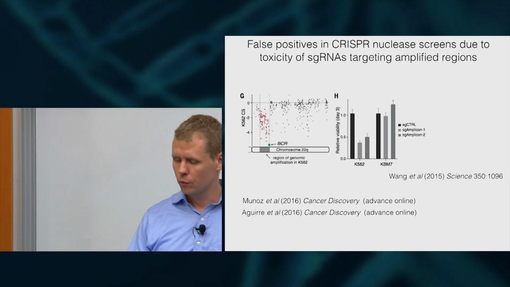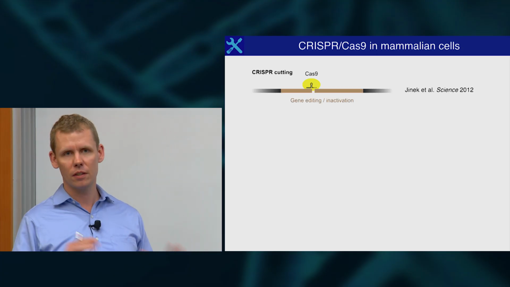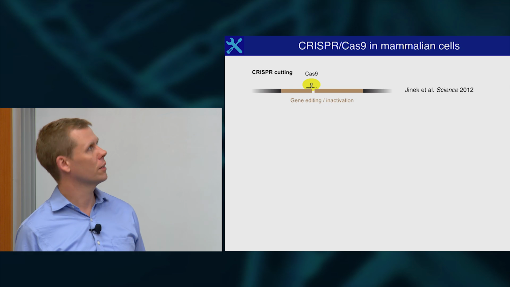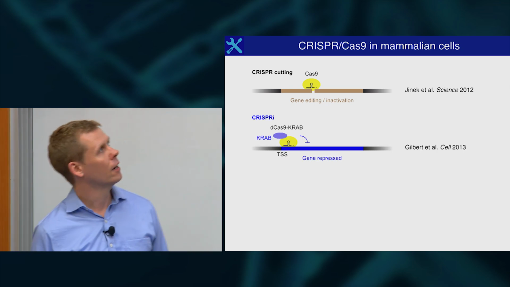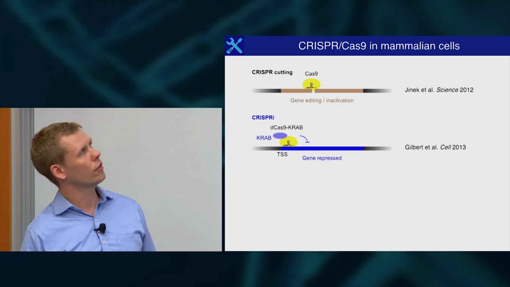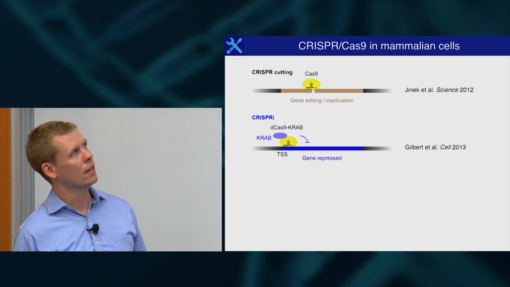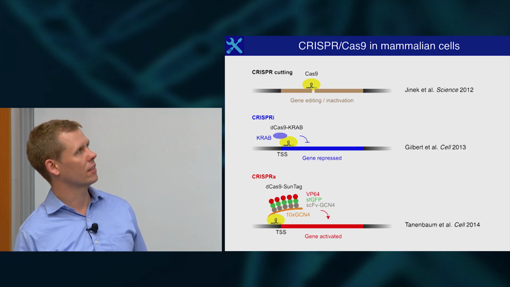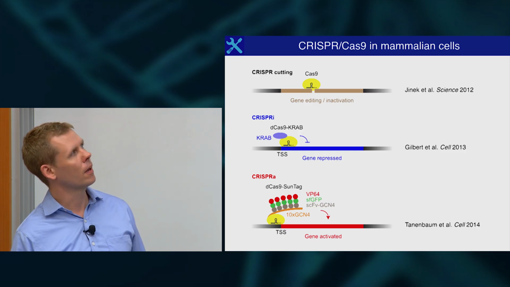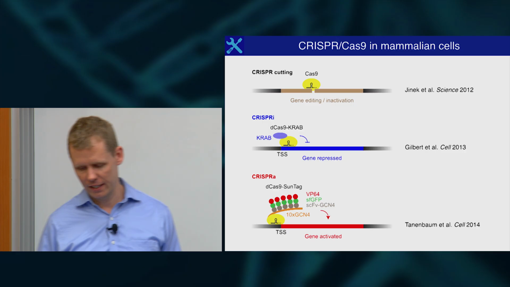So now I'm going to switch from talking about using CRISPR cutting in mammalian cells for multiplex screens to using the technologies that Luke introduced, CRISPR-I and CRISPR-A, where a catalytically dead version of Cas9 is targeted to around the region of a transcription start site of an endogenous gene and used to recruit transcriptional repressors like the KRAB domain, or transcriptional activators like, in the case of the SunTag system, a whole array of VP64 activators.